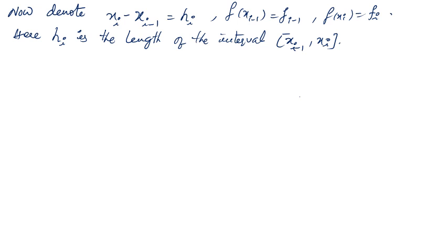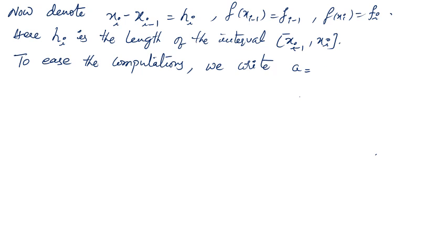Now to ease the computations, that is, to make the computation simpler, we write a equal to d minus c and b equal to c x_i minus d x_{i-1}. These two are assumptions, remember these two.